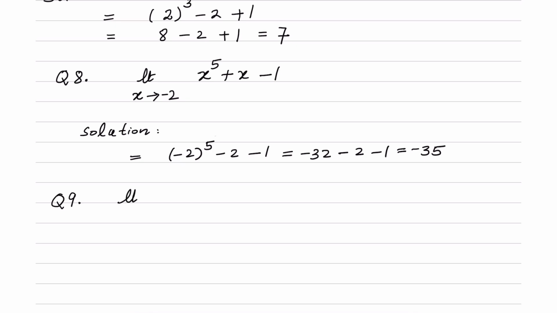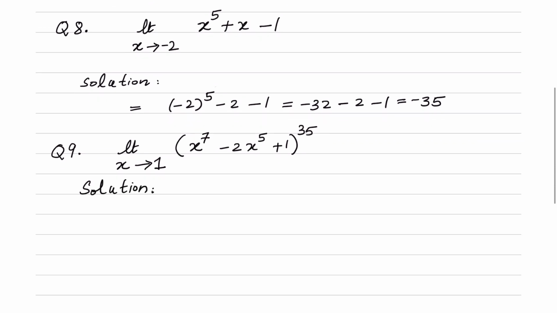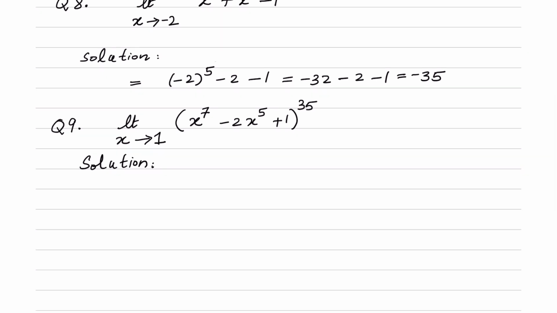Let's try another problem where you have to find the limit at 1 of a function, which is x to the power 7 minus 2x to the power 5 plus 1. We know that every limit question begins by plugging in the value of x.